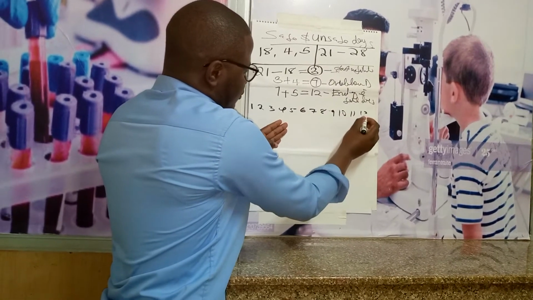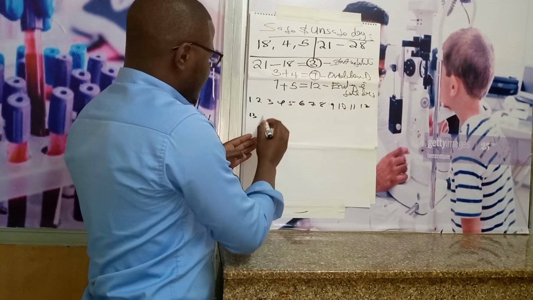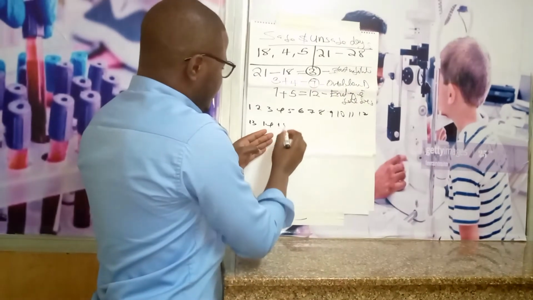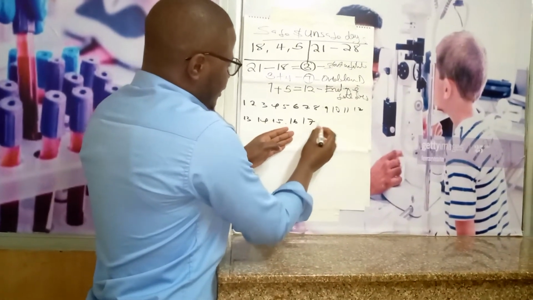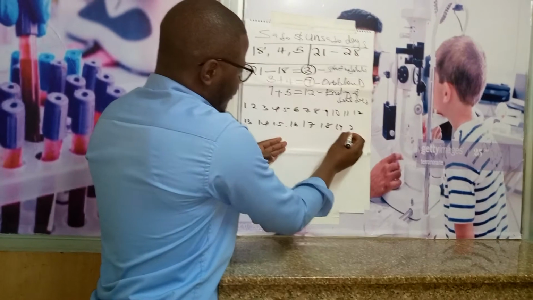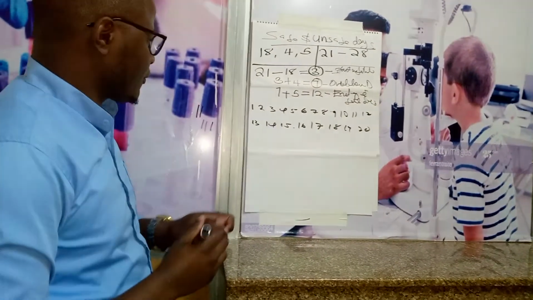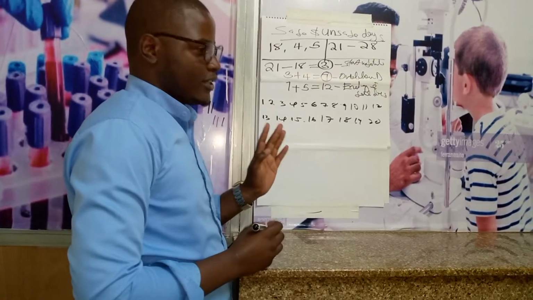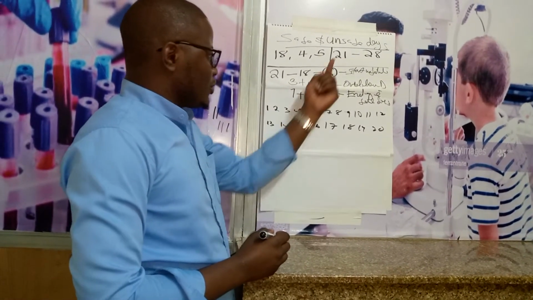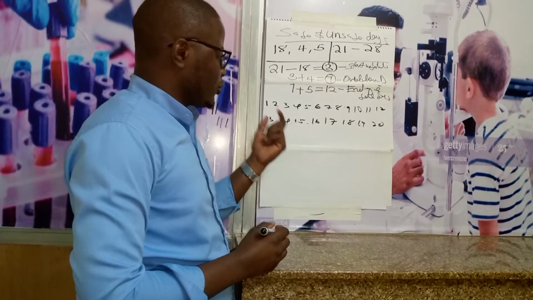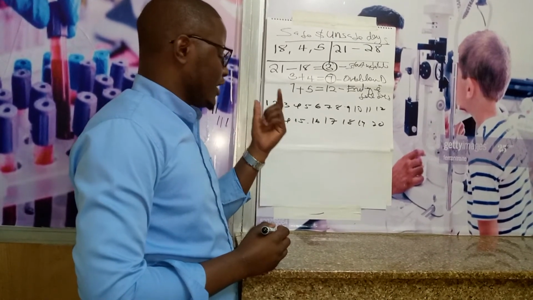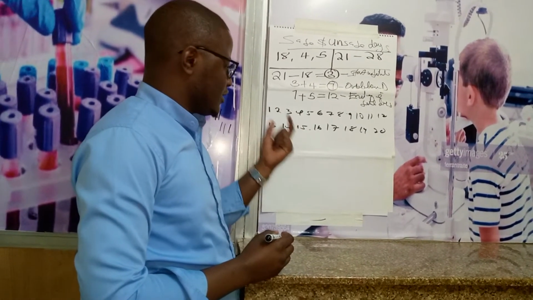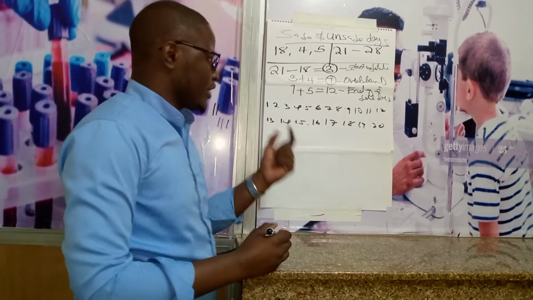I will write up to date 20, counting from June. Now, if it happens you received your menses on the 2nd of June, using the 21-day cycle, I want to show you how you can know when you are likely to get pregnant or when you are not likely to get pregnant.